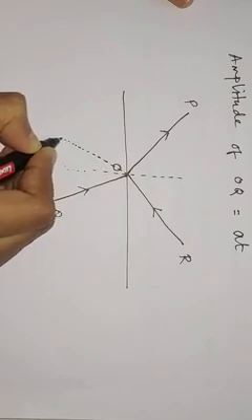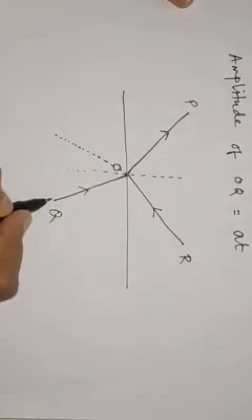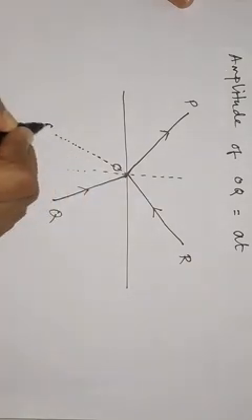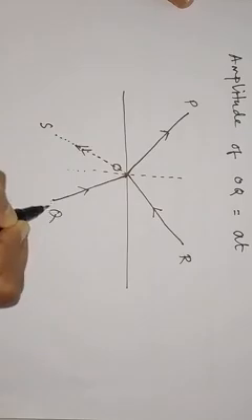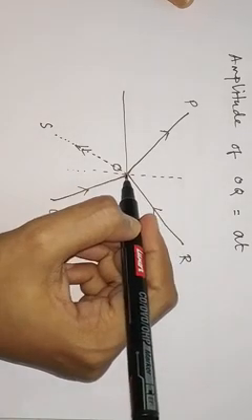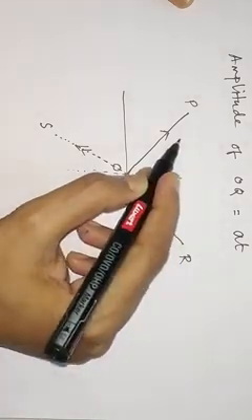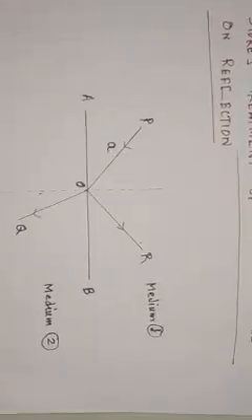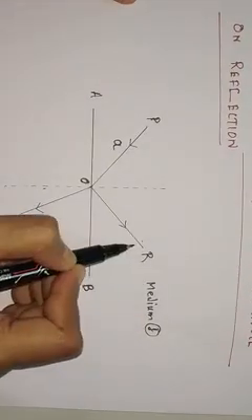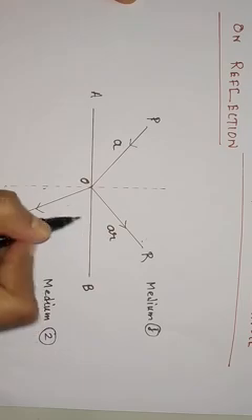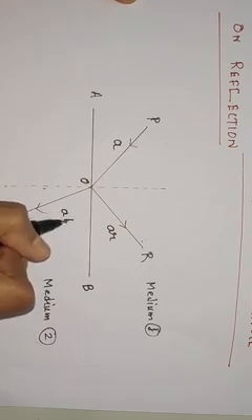You are drawing OS by a dotted line. Similarly, a part of QO is reflected along OS, and another part is transmitted along OP. Now, in this figure, we have already found that OR has an amplitude of AR and OQ has an amplitude of AT.